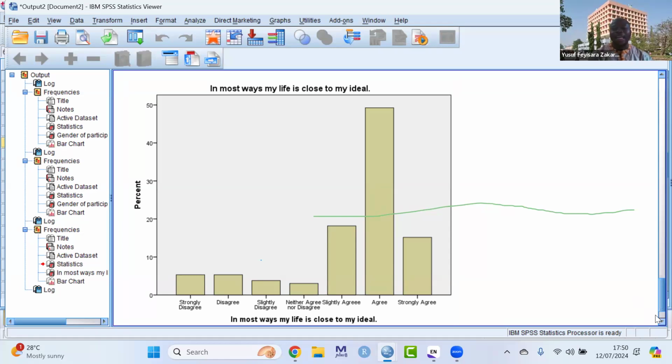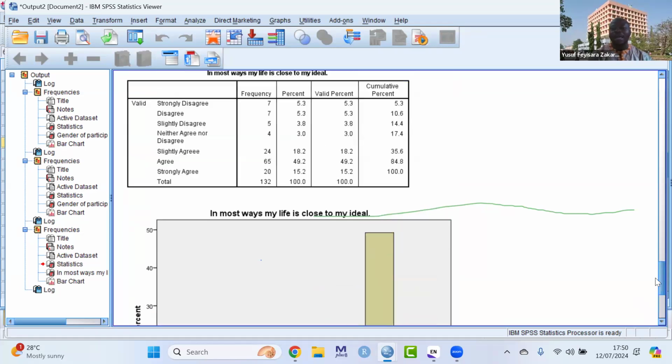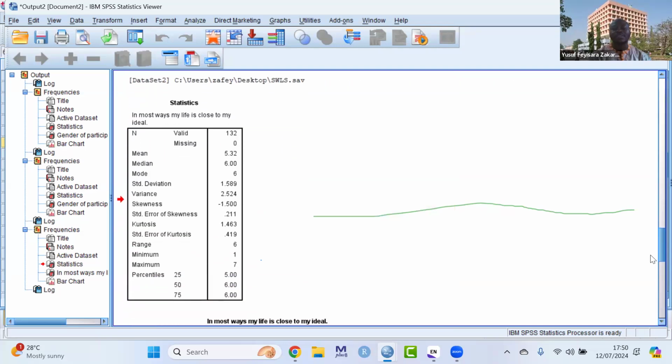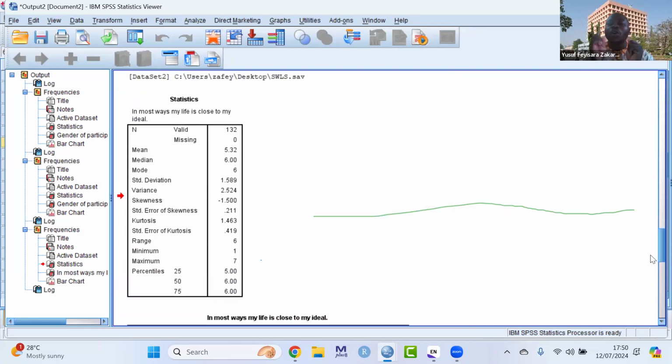Interesting. And again, something I must mention before we leave this analysis is the fact that for a normal distribution, the mean, the median, and the mode must be equal or approximately the same.